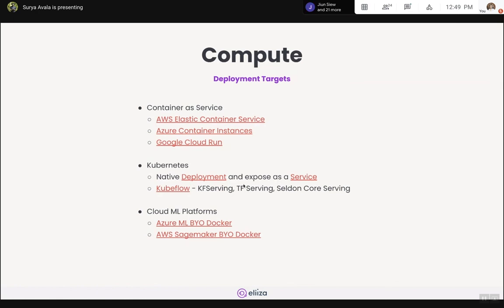A Kubernetes deployment is a Kubernetes thing where we would essentially define our application in the deployment package, and then we could expose it as a Kubernetes service to other Kubernetes services in the cluster or to the external world.